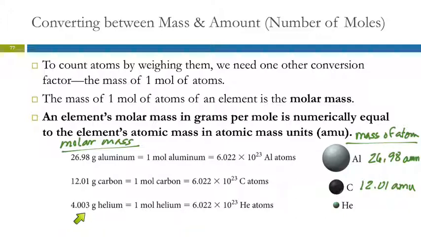That weighs 4.003 grams. How much does 1 helium atom weigh? On average. Same number. So if we're talking about 1 atom, we use atomic mass unit. If we're talking about a mole of atoms, then we use the unit gram.